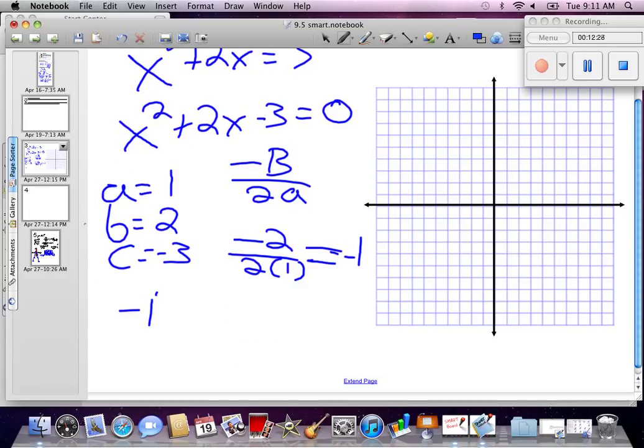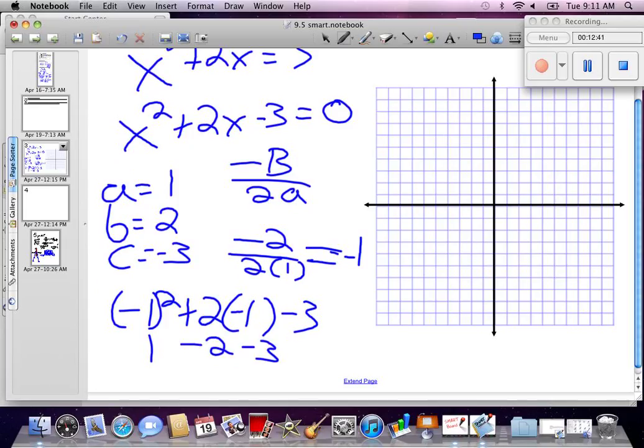So I'm going to say -1 squared plus 2 times -1 minus 3. -1 squared is 1. 2 times -1 is -2 minus 3. 1 minus 2 is -1. -1 minus 3 gives us -4.